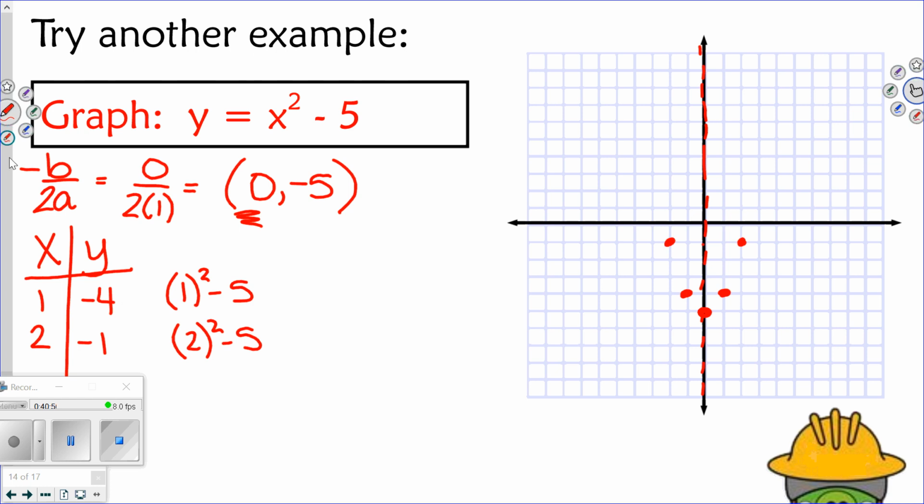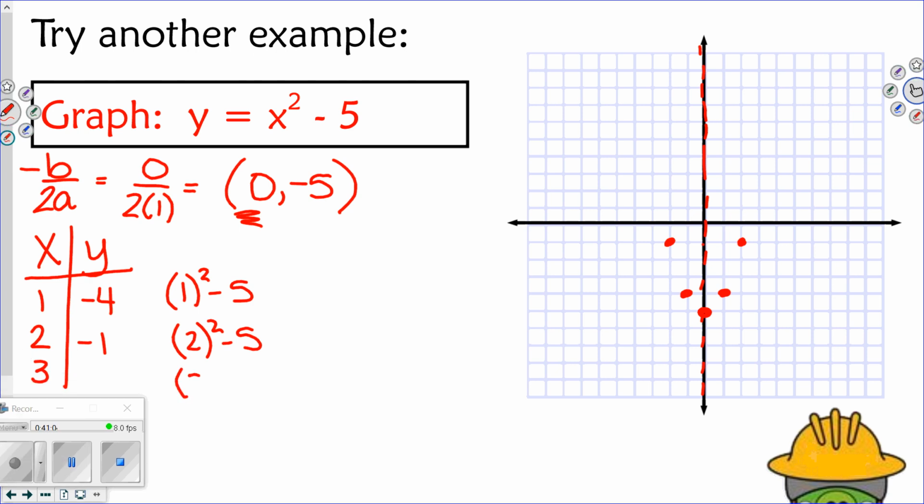Now, you see, I haven't actually crossed the axis yet, right? So let's try another one, because I want to make sure I'm seeing where it's crossing. So if I plug in a 3, that gives me 4. All right, and then we reflect on the other side.